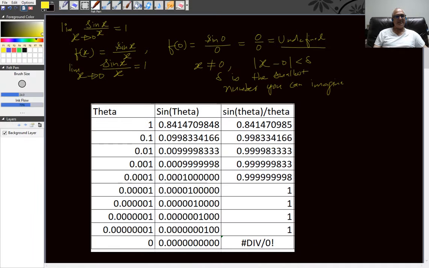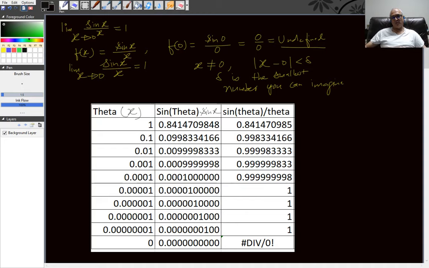So here we have been using x, so this is x, this is sin x, and this is the ratio.